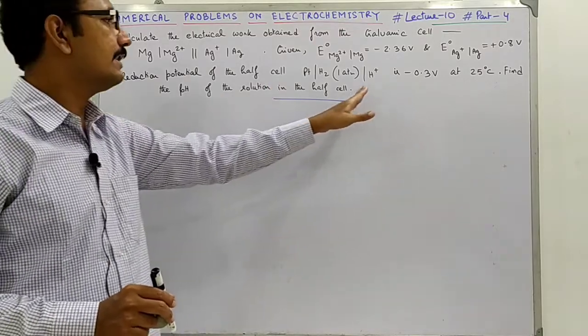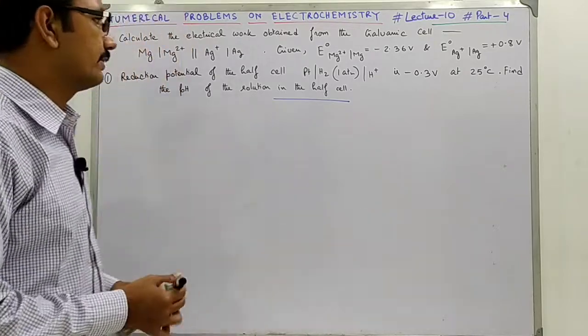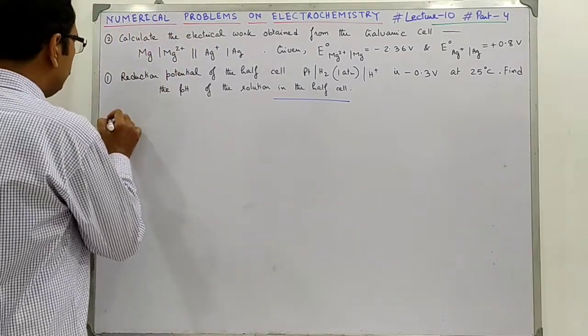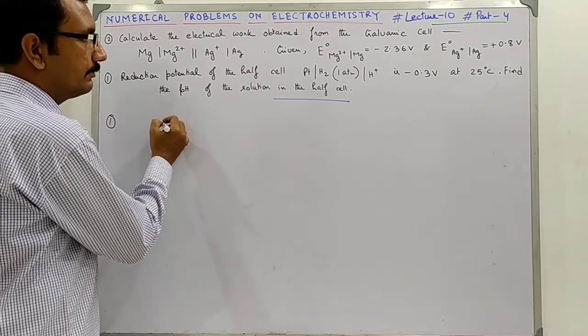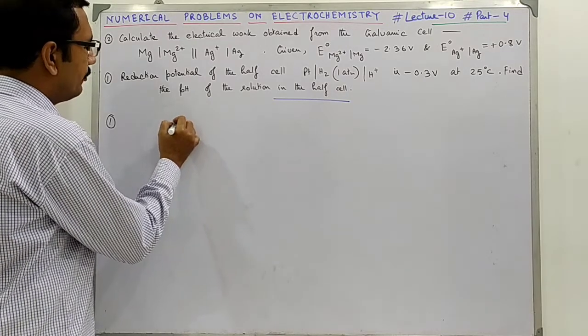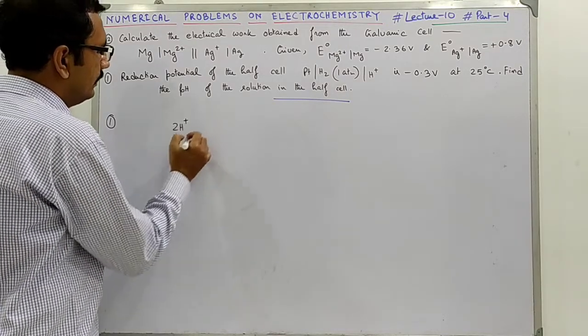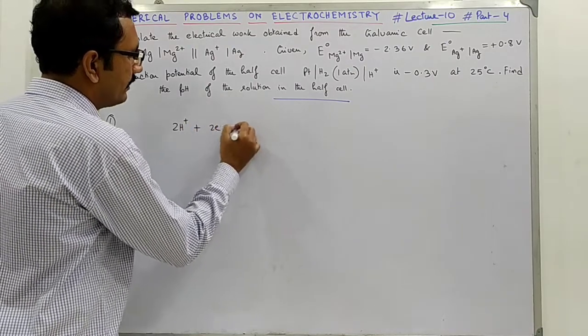Since there is H+, they are asking you to find the pH of the solution. It is an easy problem. We have done much more complicated problems than this one. So, you will use the reduction format. The reaction is 2H+ + 2 electrons reversible H2.